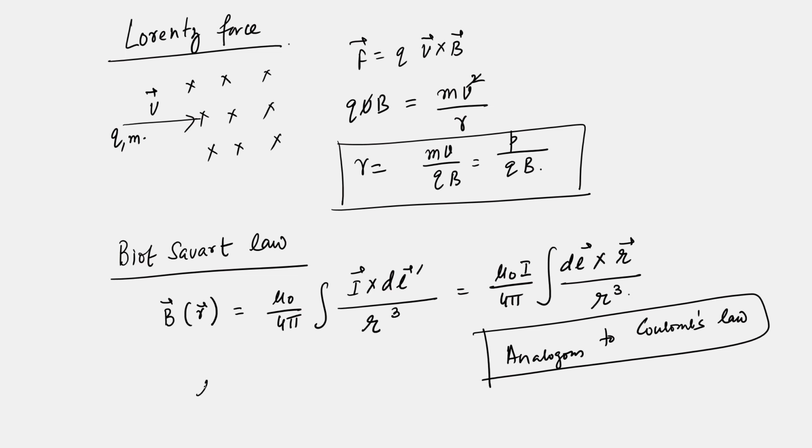So, this mu 0 over 4 pi is equal to 10 to the power minus 7 Newton per ampere squared. That is called the permeability of free space, and one can calculate these for a given distribution.